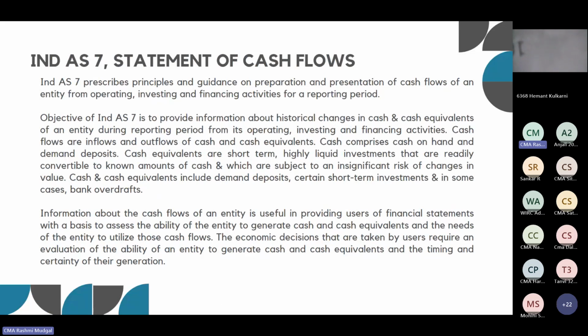I'm getting it from operating activities, which is my actual business, or maybe from investing, where I have put in some financial instruments or invested in different sectors and am getting interest or dividends, or maybe from financing activities like equity, where I'm issuing shares for cash purposes. So I have to understand where I'm getting the cash from for the business.